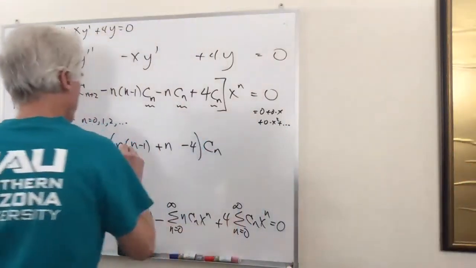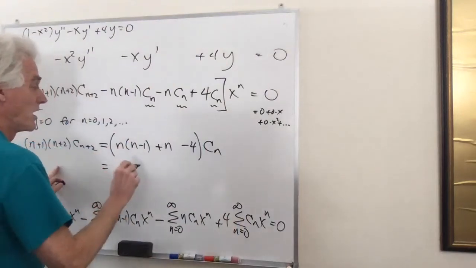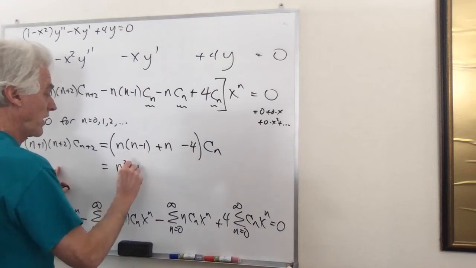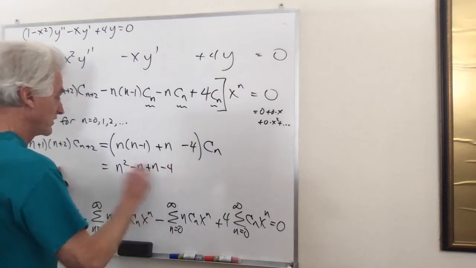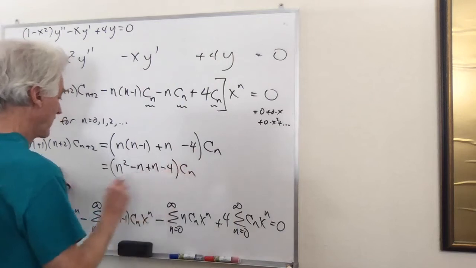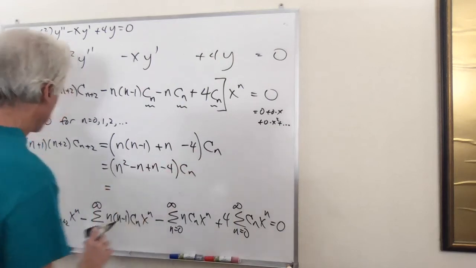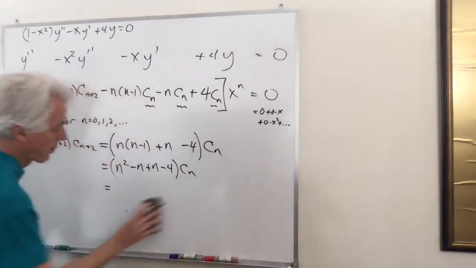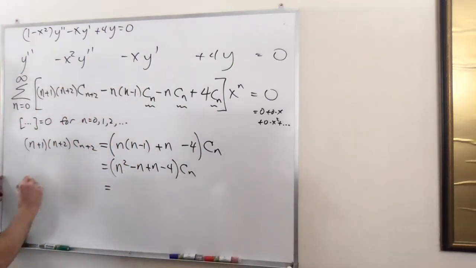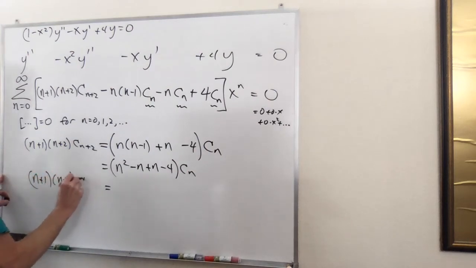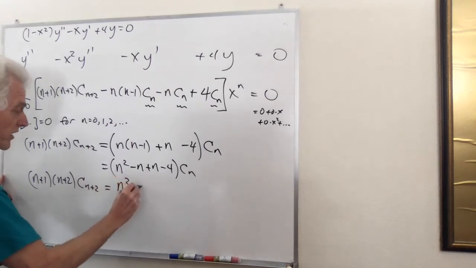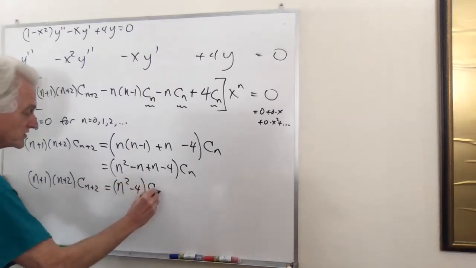And you notice that this is going to simplify a bit. This is n squared minus n plus n minus 4 times cn. Right? So in other words, we got n plus 1 times n plus 2 times cn plus 2 is equal to n squared minus 4 times cn.